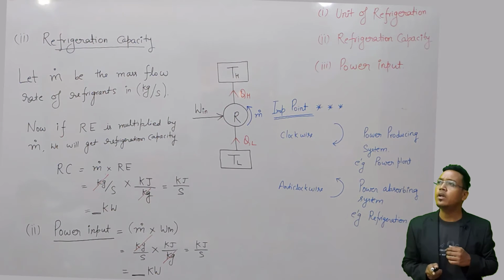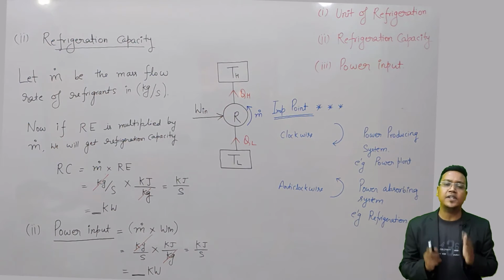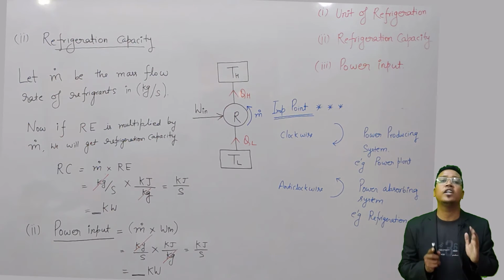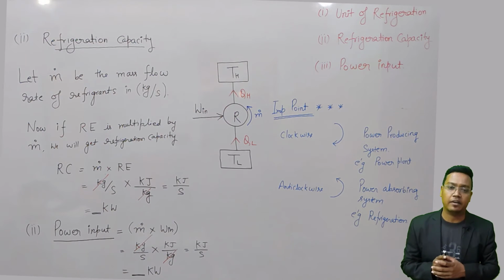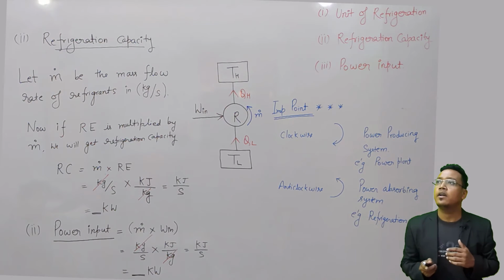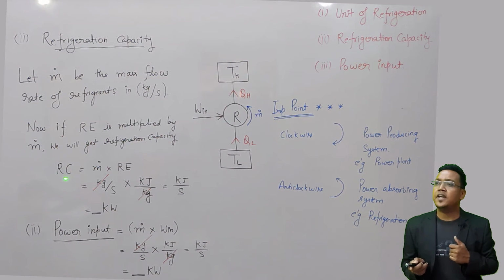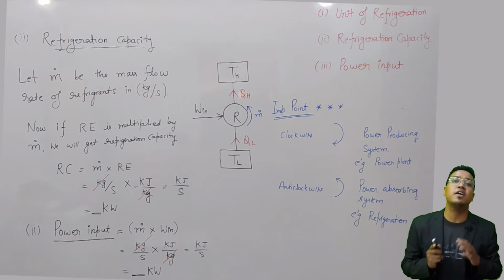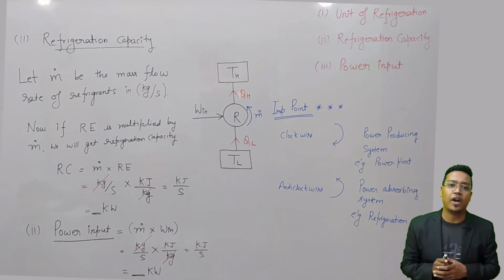Now, how do we find the refrigeration capacity? We will find the refrigeration capacity by multiplying this mass flow rate with the refrigeration effect. Refrigeration capacity is equal to mass flow rate multiplied by RE, the refrigeration effect or desired effect.